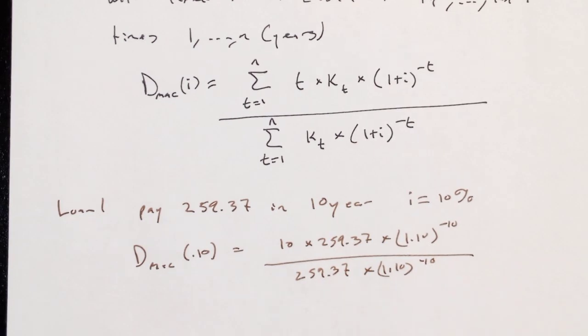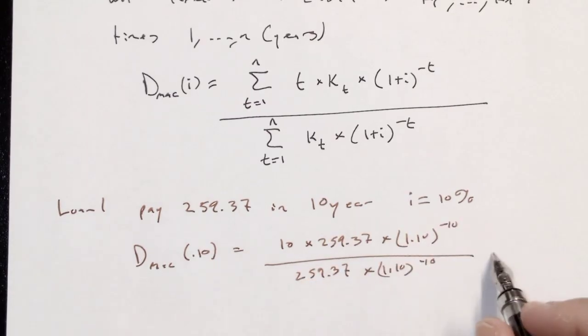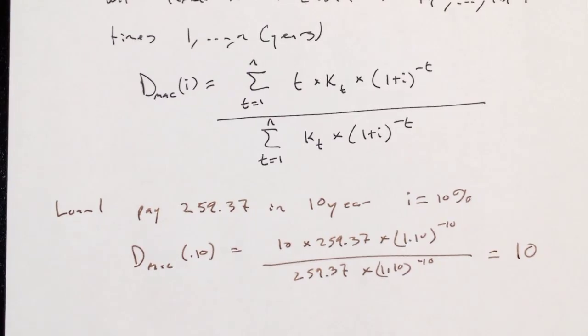I don't even have to do the math. What happens? These two things cancel, top and bottom. This, by the way, is true all the time. If you only have one payment, then the duration is the term for that payment.